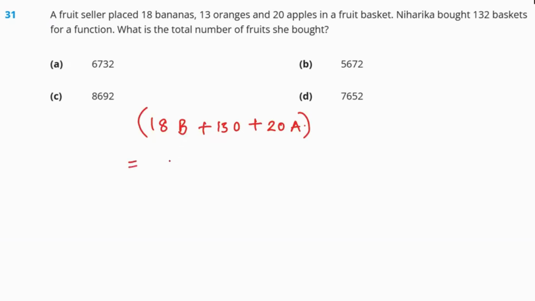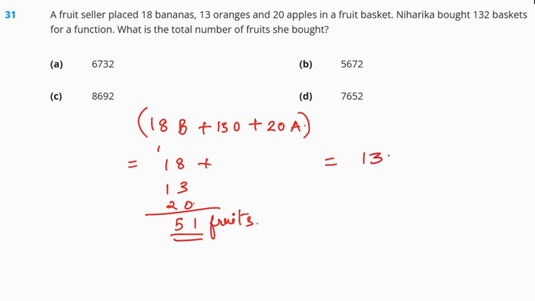In a basket, the fruit seller placed all these fruits. So we will find the total number of fruits: 18 plus 13 plus 20, that is 51 fruits in one basket. So we have to find out how many fruits are there in 132 such baskets.